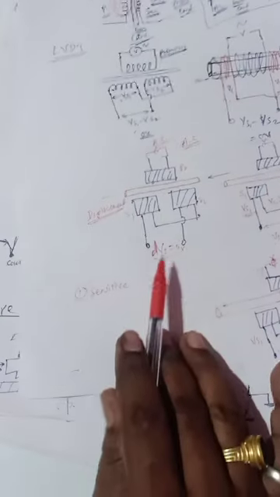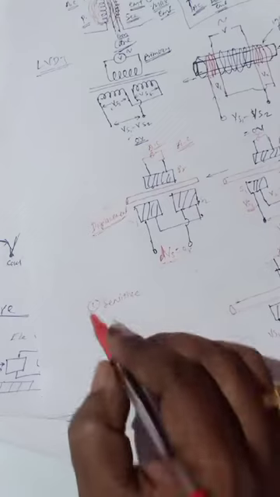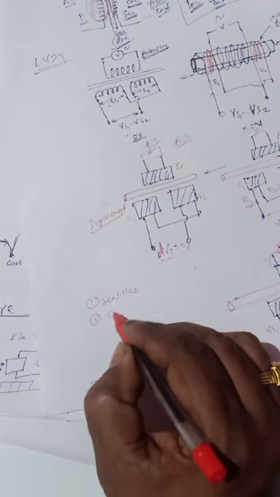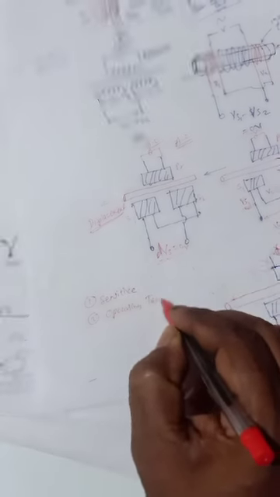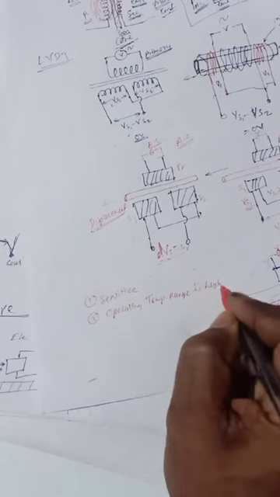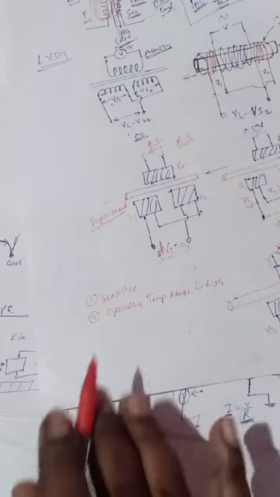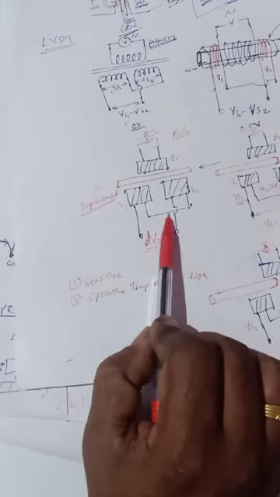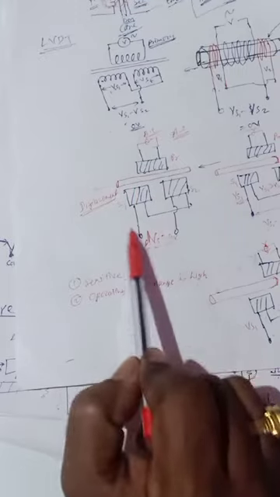We know that the operating temperature range of this LVDT is very high. The second advantage is the high operating temperature range. But there is one disadvantage of this LVDT: it is a transformer, so it is big in size.